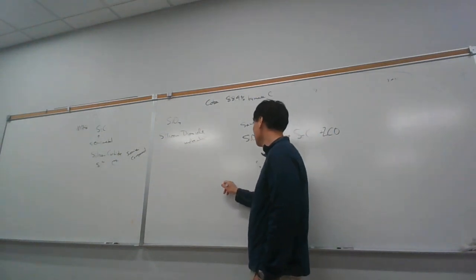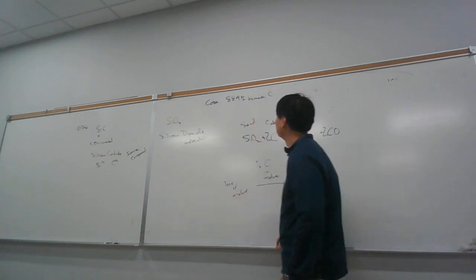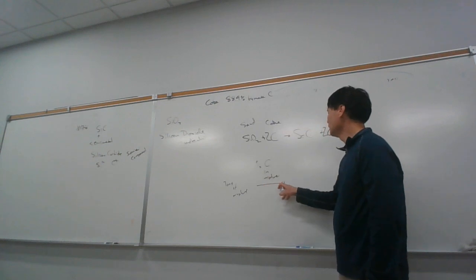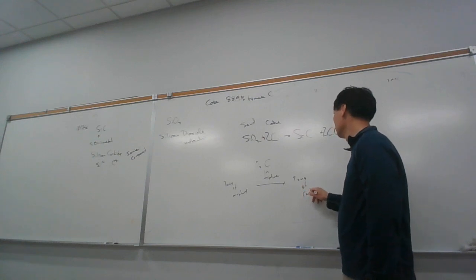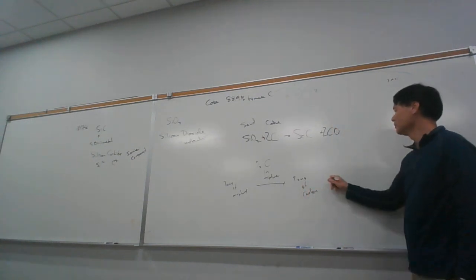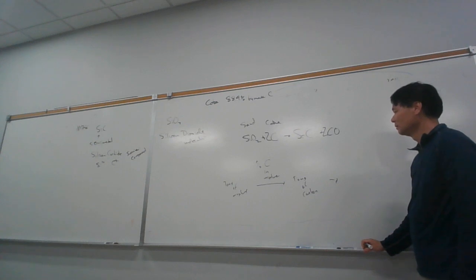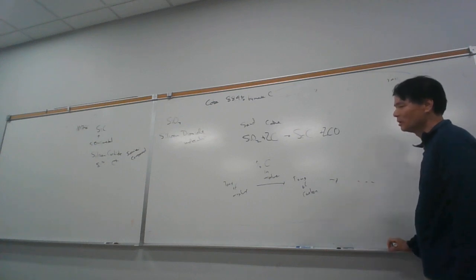We're going to start with tons of mixture. And then we're going to know the percent carbon in that mixture, and then we'll go to tons of carbon. And then from tons of carbon, we could go to et cetera, and rejoin our stoichiometry map.